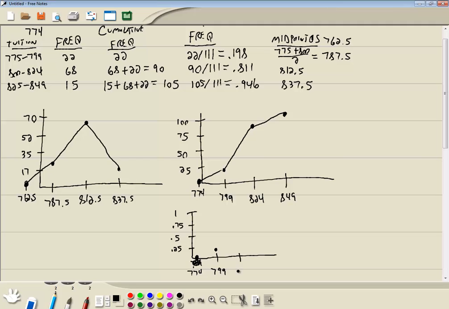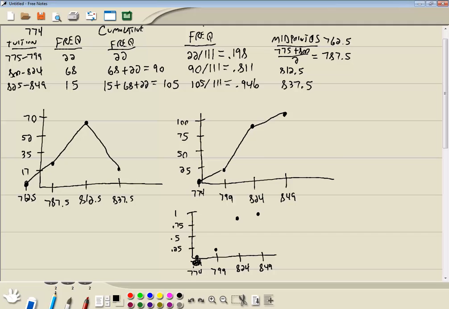Next one is 824, which was 0.811. So 0.811, let's say about right there. The next one's 849, and it goes up to 0.946. Just guessing where that's at.